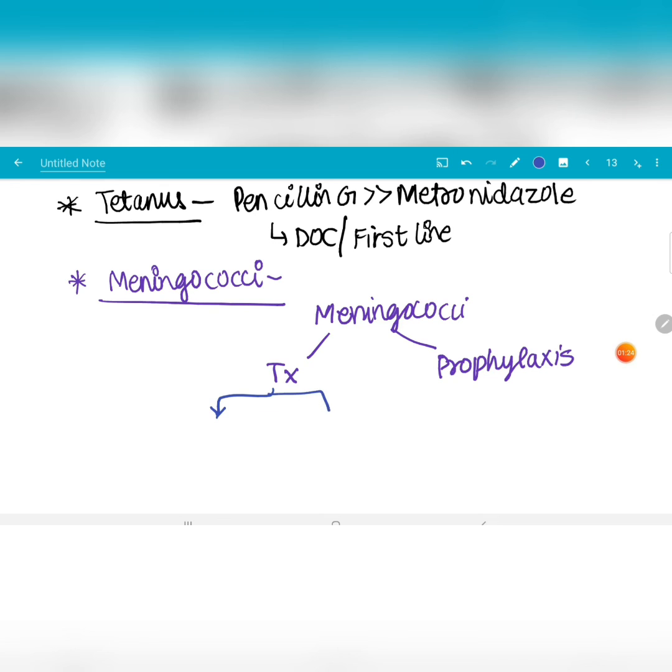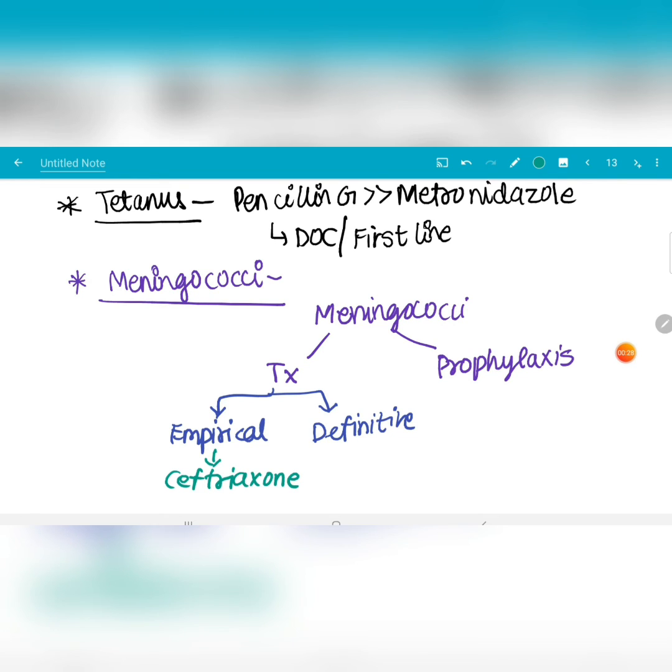Treatment can be empirical and definitive. Empirical treatment means it is based on experience, and it includes ceftriaxone. Definitive treatment, which is best for the patient, is penicillin G. For prophylaxis, there are two drugs: first is ciprofloxacin and the second one is ceftriaxone.